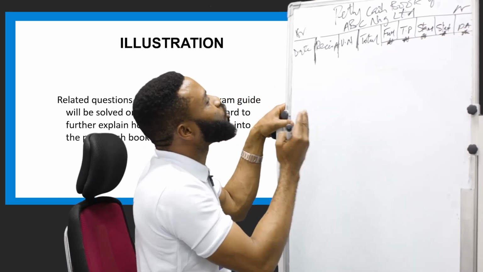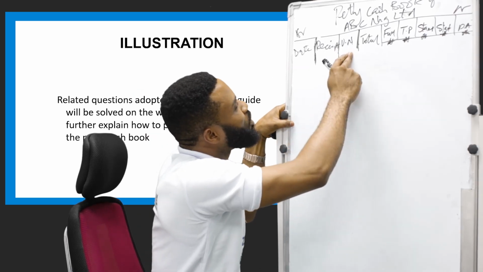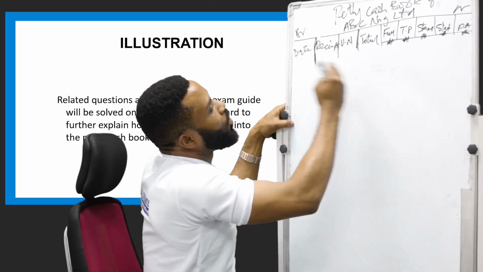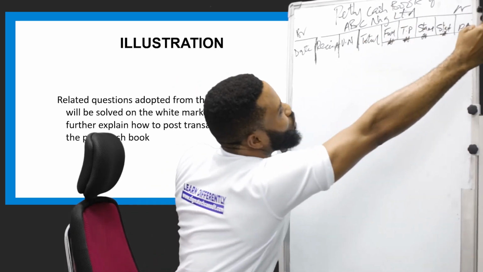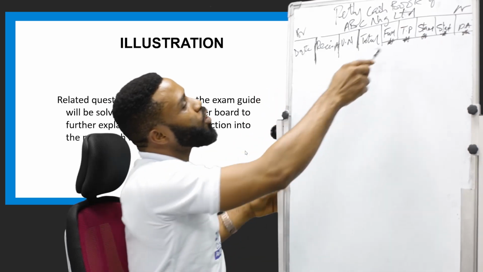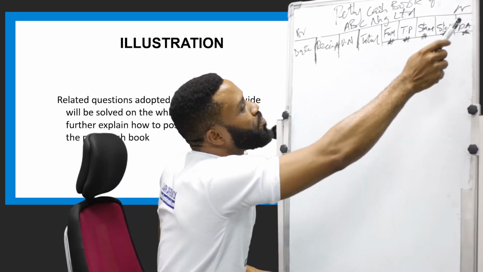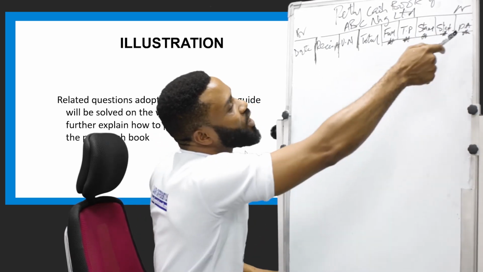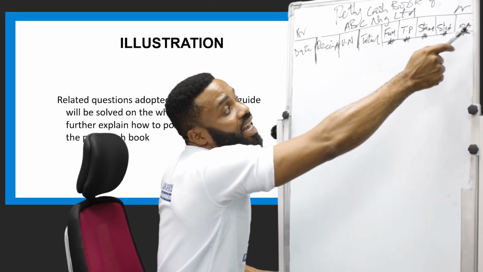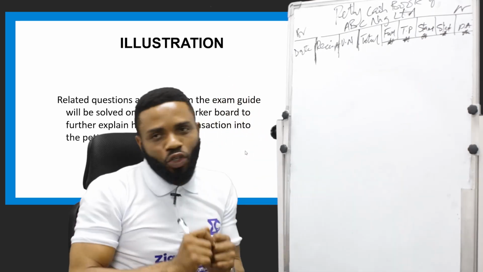The difference is just from the date column to the voucher number is the receipt side, while from the total column down this way is the credit side. So all these divisions, the fuel, the transport, stamp, stationery, and personal account, or what we call the ledger account, represent the various divisions.